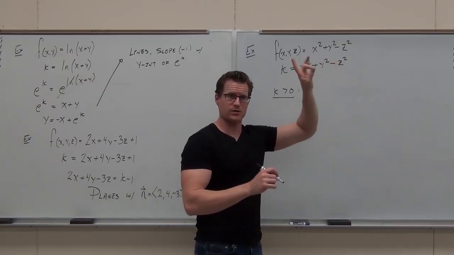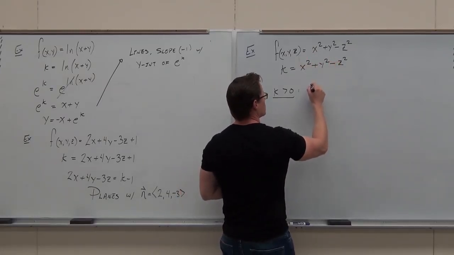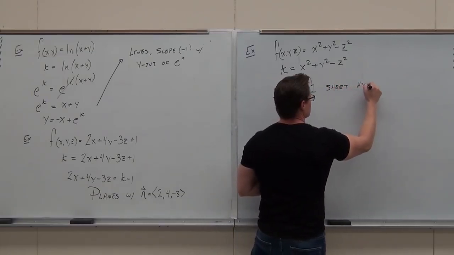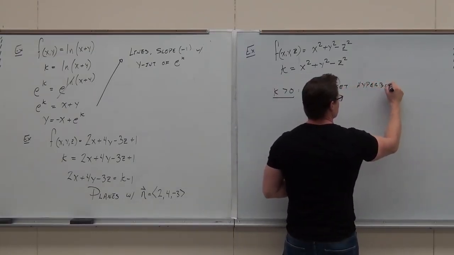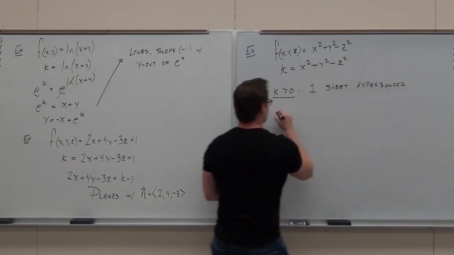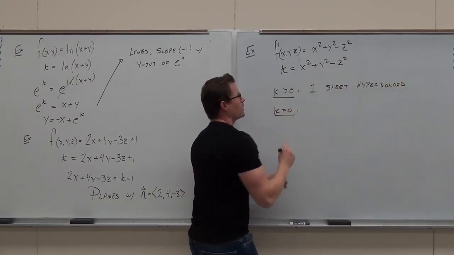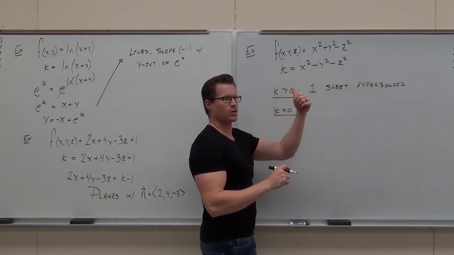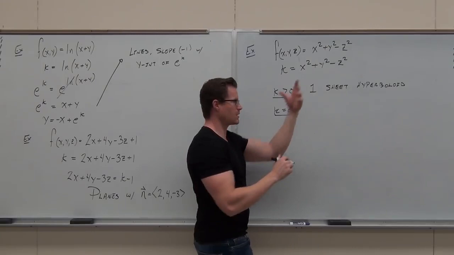That would be a 1 sheet hyperboloid. If k equals 0, we have all squares, 1 negative, equals 0. No constant means cone. No constant, cone.